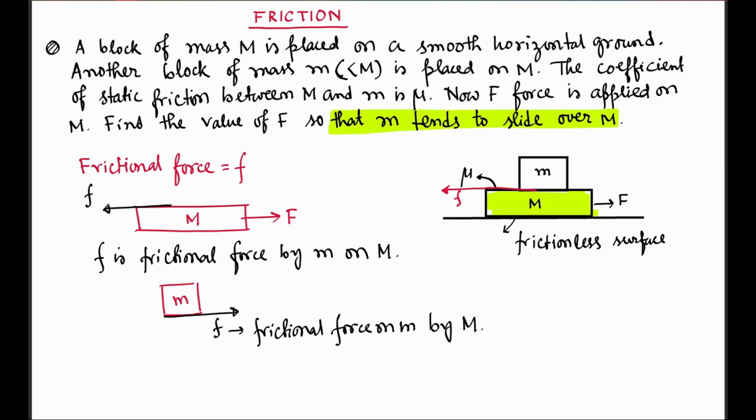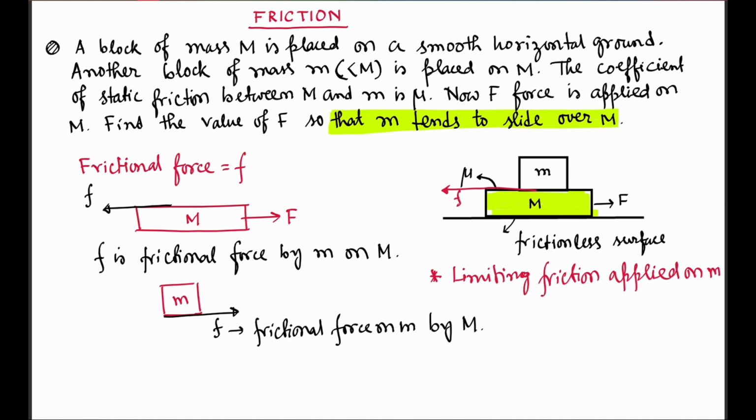So the frictional force acting here is the limiting friction. It is very important. This is the limiting friction applied on small m. What is the value of limiting friction here?